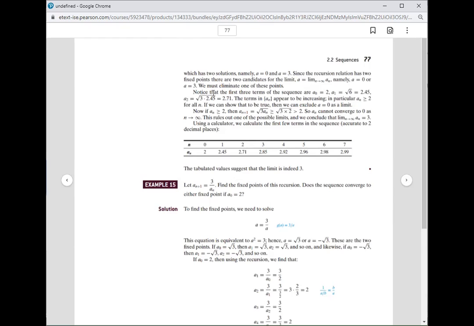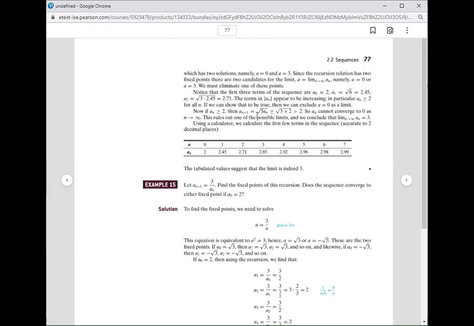Okay, so notice that the first three terms of the sequence are this, this and this, right? The terms in a_n appear to be increasing, in particular a_n greater than 2 for all n. If we can show that to be true, then we can rule out 0 as a limit. So now if a_n is greater than 2, then this will be greater than 2, right? So a_n cannot converge to 0 as n goes to infinity.